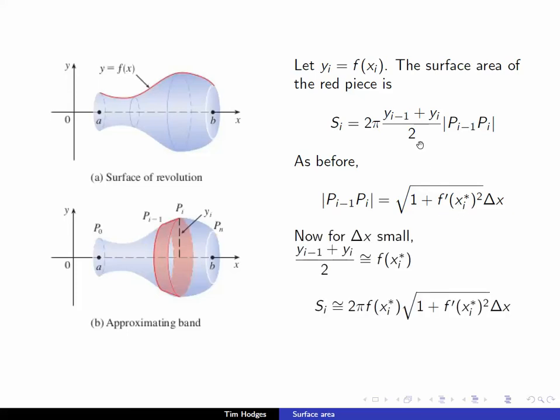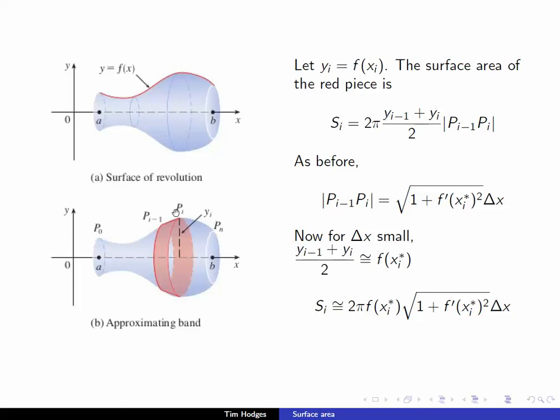Now, if delta x is small, then this average value of y i and y i minus 1 will be approximately f of x i star. The details of why we can make that approximation are a little bit more complicated, and we'll just glide over that for today. So let's just assume that's true.